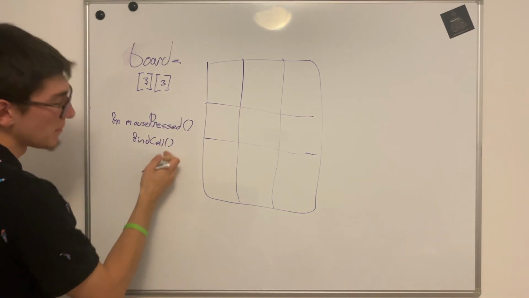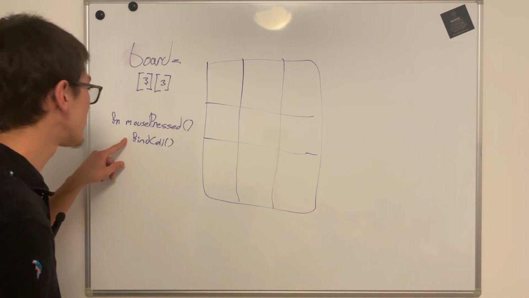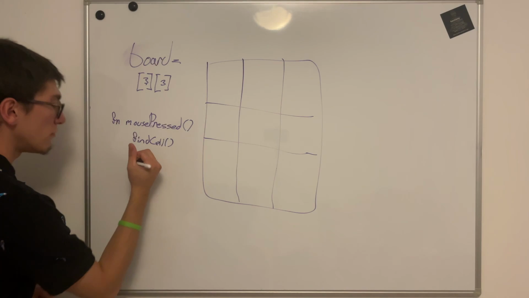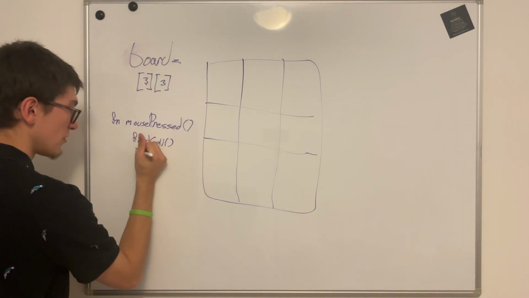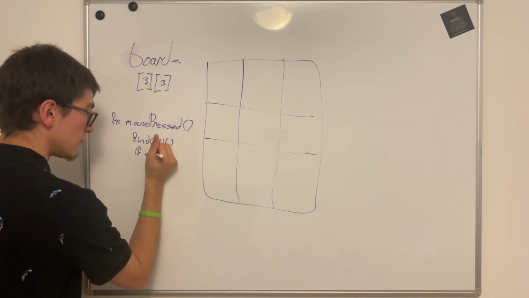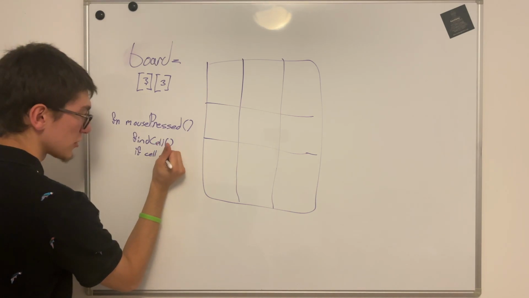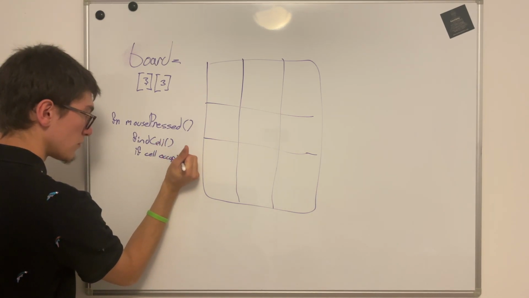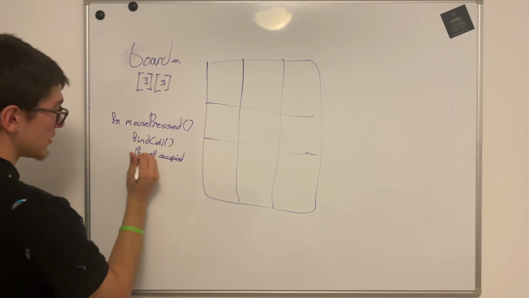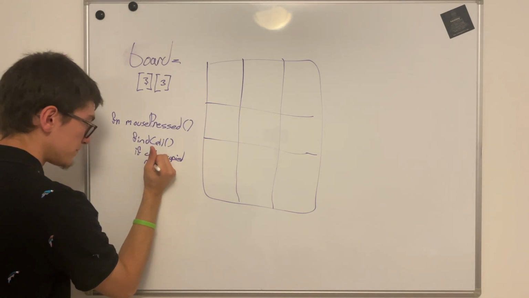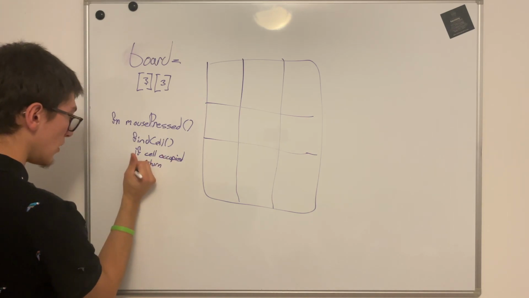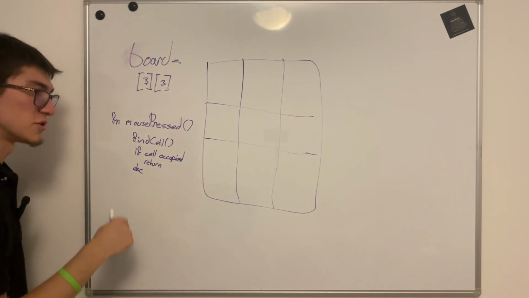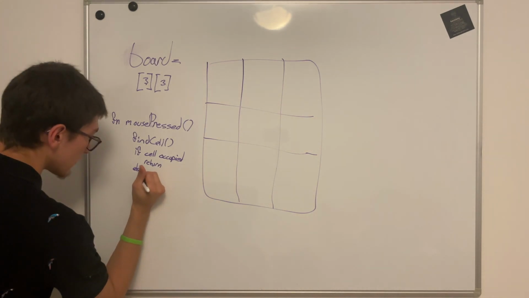Find the cell with the mouse position, and then when we find the cell from our board, we can just check if the cell is occupied. If the cell is occupied, then we return early. Otherwise, we just assign the cell.